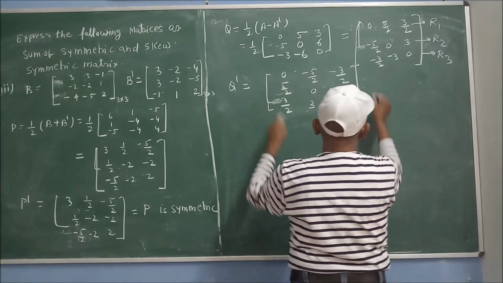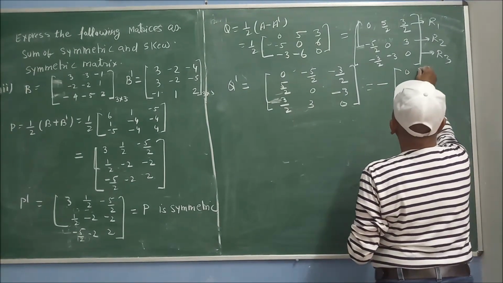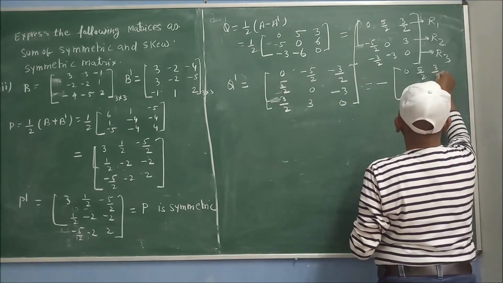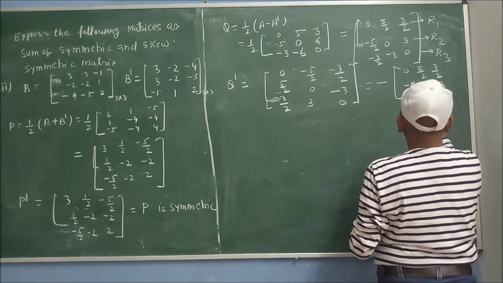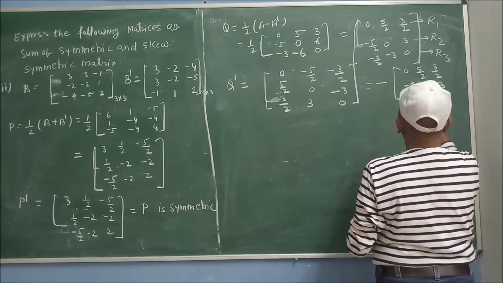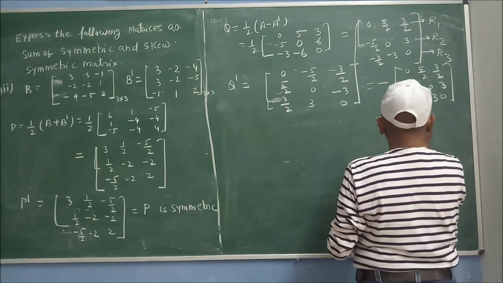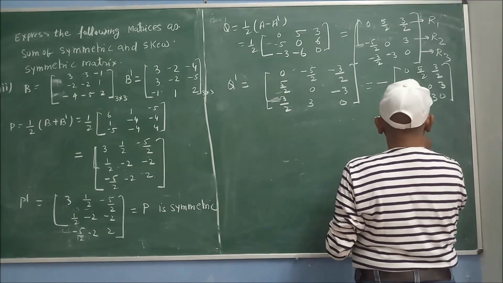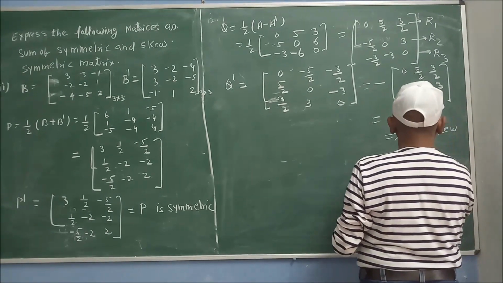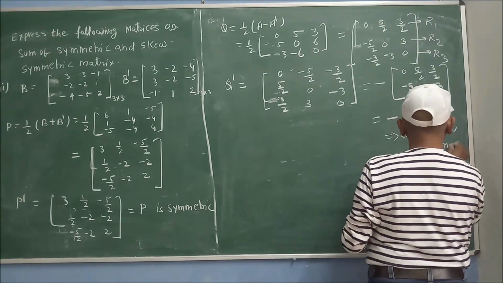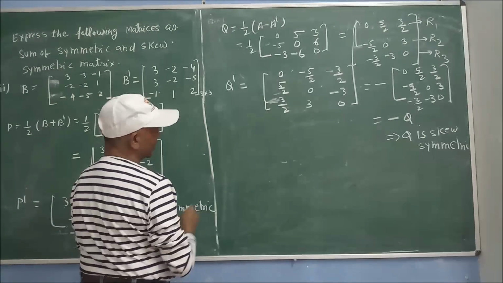And this can be written as, if you take minus as common, 0, 5 by 2, 3 by 2, minus 5 by 2, 0, 3, minus 3 by 2, minus 3, 0. So this is nothing but equal to minus Q. So this implies Q is skew symmetric. So we have shown that P is a symmetric matrix while Q is a skew symmetric matrix.